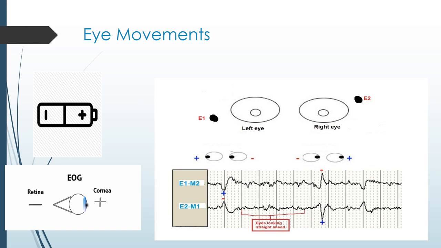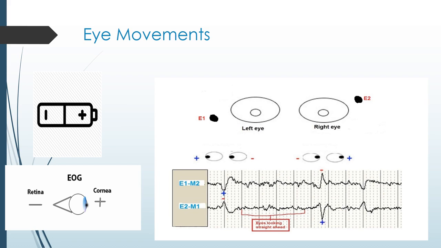So if we look down at E2 to M1, and if we follow that line, on the right eye, the retina first comes close to the right eye electrode, causing a negative deflection, meaning the line is drawn upwards.